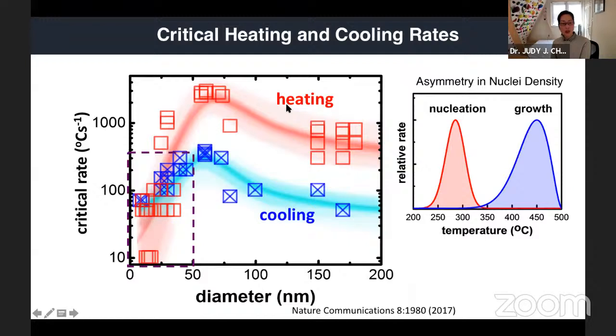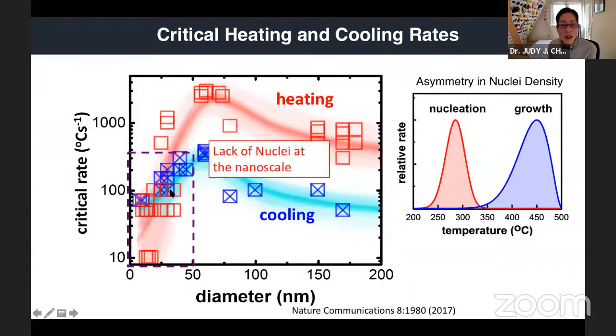The new finding from our in situ TEM work is the fact that at very small nanorods, the critical heating and cooling rate starts to overlap, and no longer is there a difference in the two rates. And this still supports our hypothesis that for very small rods, there's a lack of nuclei.